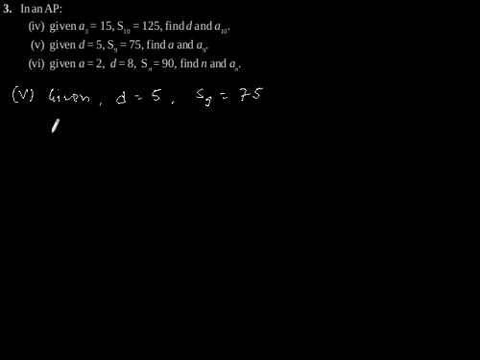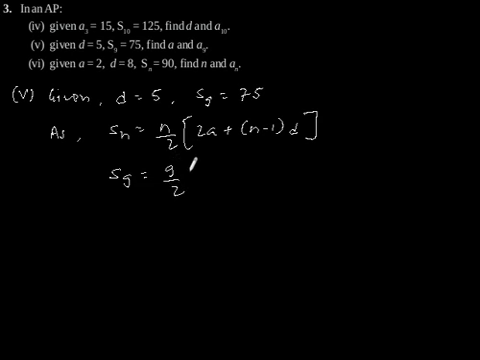Now, as we know, Sn is equal to n by 2 under bracket 2a plus n minus 1 into d, putting the value, that is S9 is equal to 9 by 2 under bracket 2a plus 9 minus 1, d is 5.